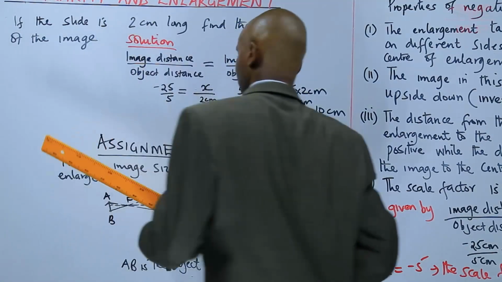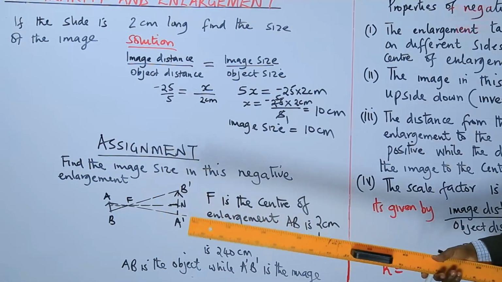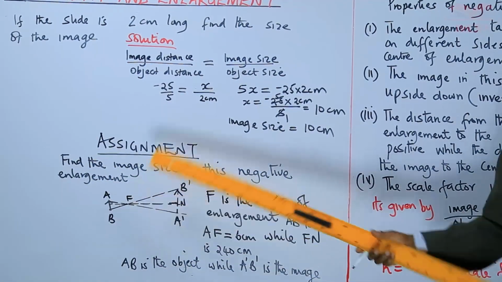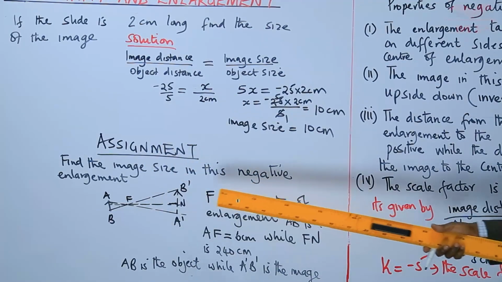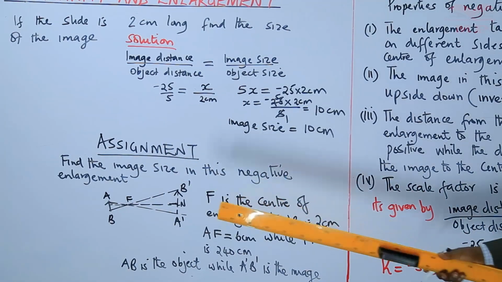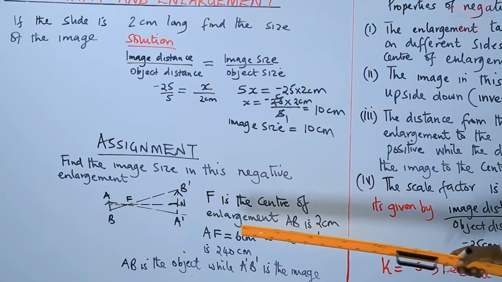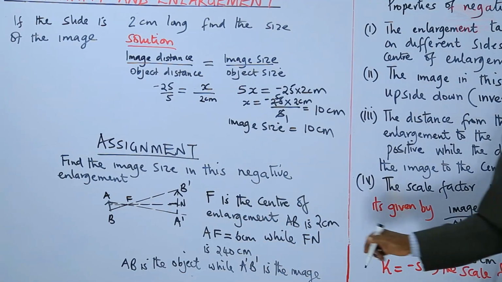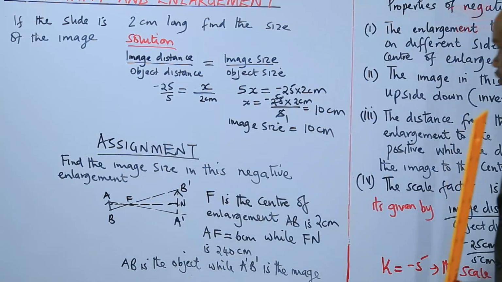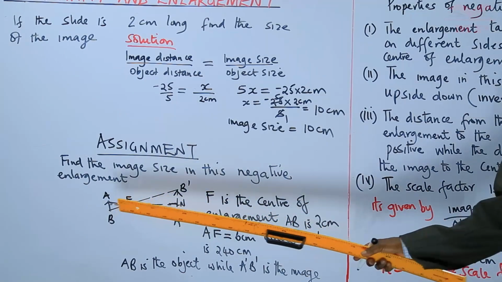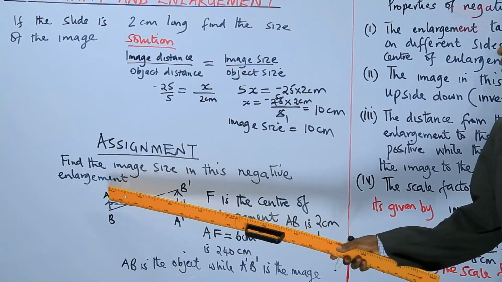So there is a striking question there just from the negative enlargement. A, find the image size in this negative enlargement. F is the center of enlargement. AB is 2 centimeters.